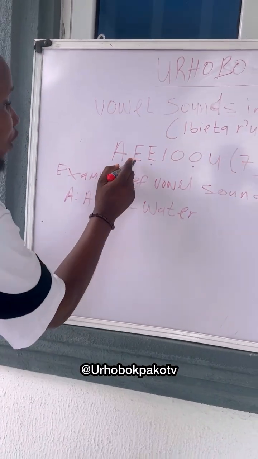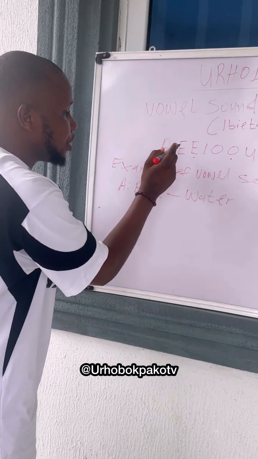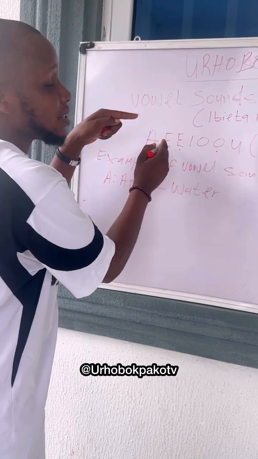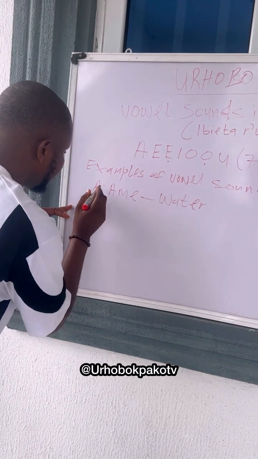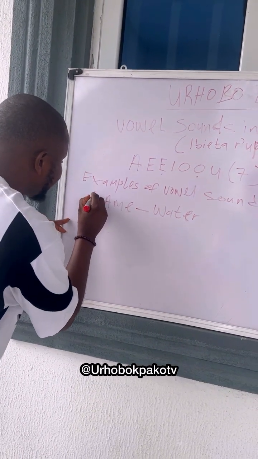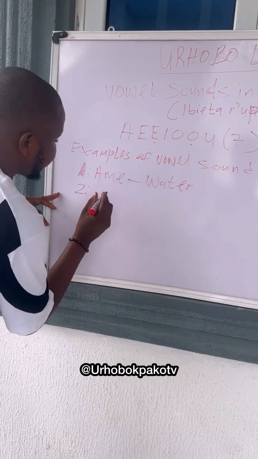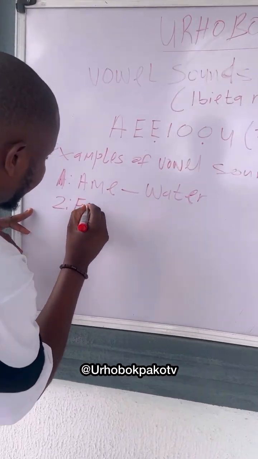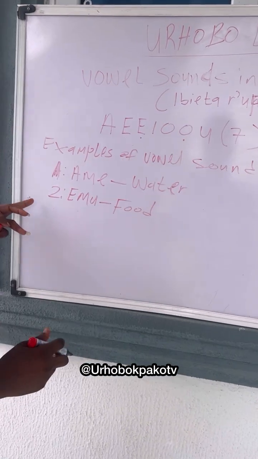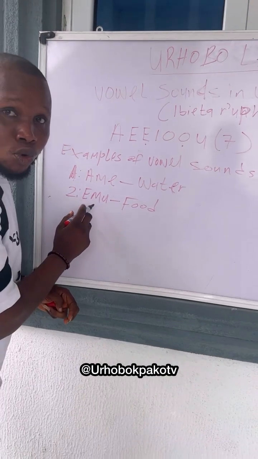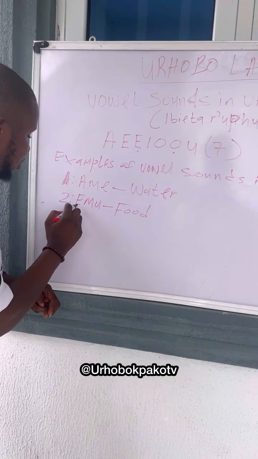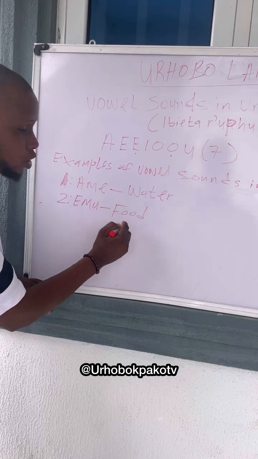Now, let's make use of this A, which is this E in English language that is pronounced as A in Urhobo. Emu, which is food.